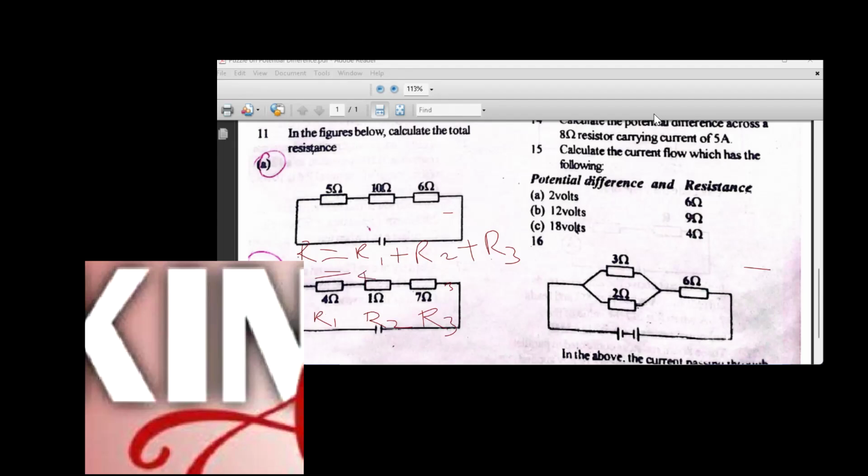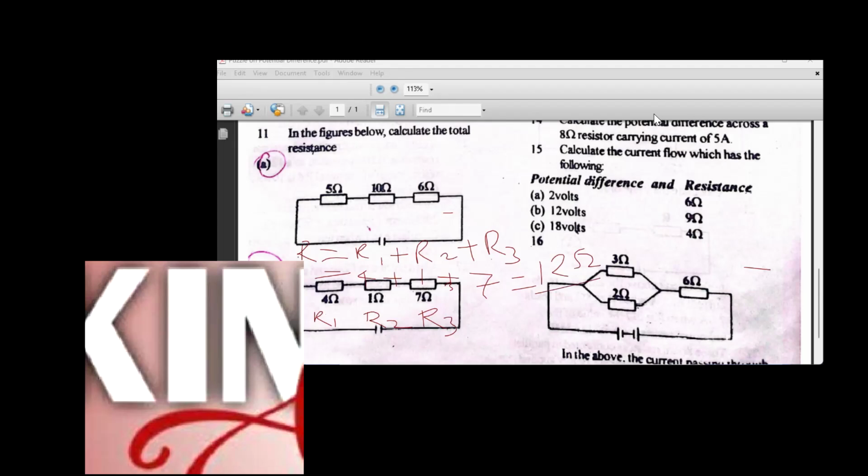So we just carefully slot it into our formula. R1 is 4 plus R2 is 1 plus R3 is 7. And by the time you sum it all together, you have 4 plus 1, 5, and 5 plus 7 is 12.